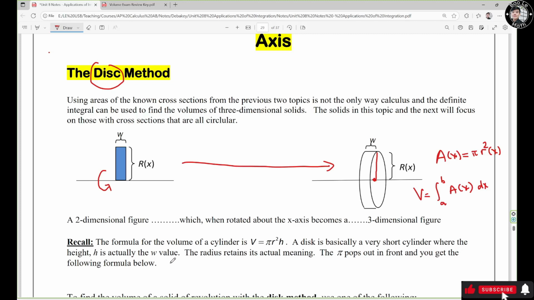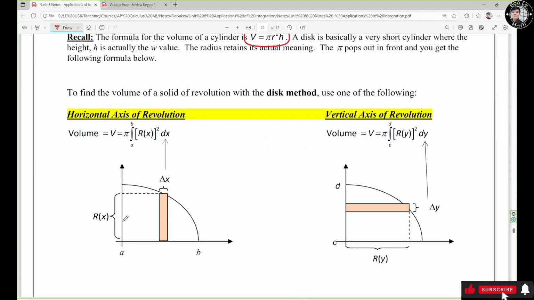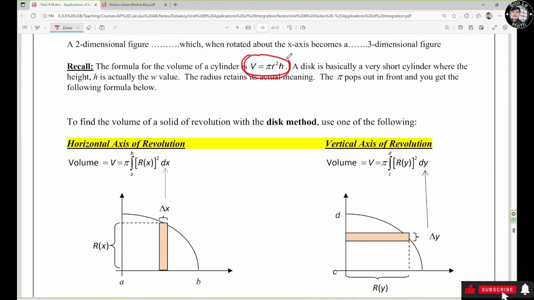Now you know that the formula for the volume of a cylinder is V equals pi R squared times H. So if you look at the figure with a horizontal axis of revolution, I'm going to write it over here: V equals pi R squared times H.